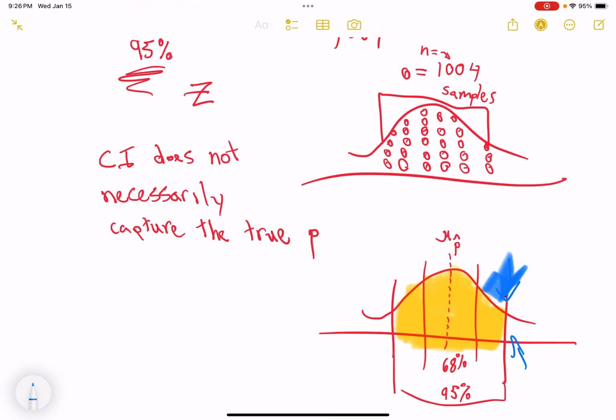Now what you'll notice is if you're capturing the middle 95%, these two slivers on either end are 2.5% each. Right, 95% in the middle, 2.5% on either side. So to find my critical value, by the way, is right here. It is the upper end of your middle data gathered interval, right? So the upper end of the middle 95% is the z-score I want.